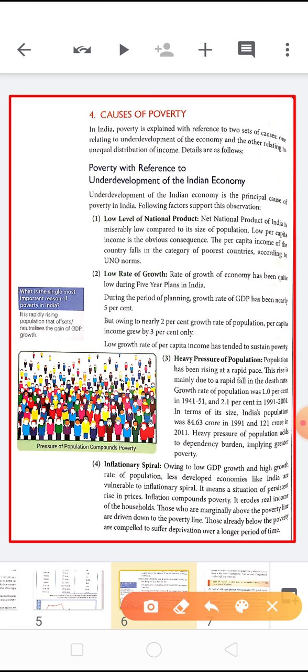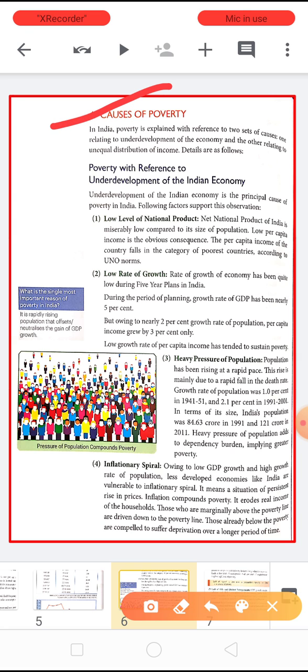Now, children, we are going to learn the causes behind poverty, why poverty has been increasing very rapidly. The causes of poverty lie in the institutional and social factors that mark the life of the poor. The poor are deprived of quality education and not able to acquire the skills which enable them to earn better incomes.